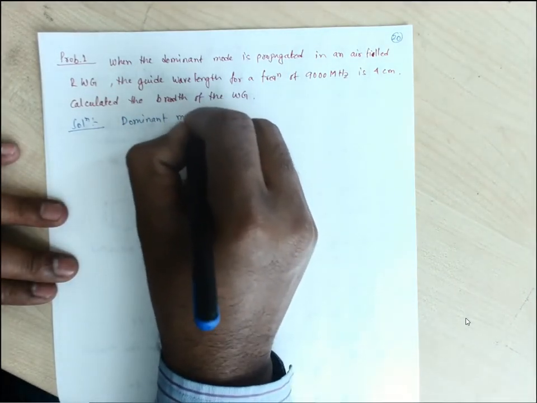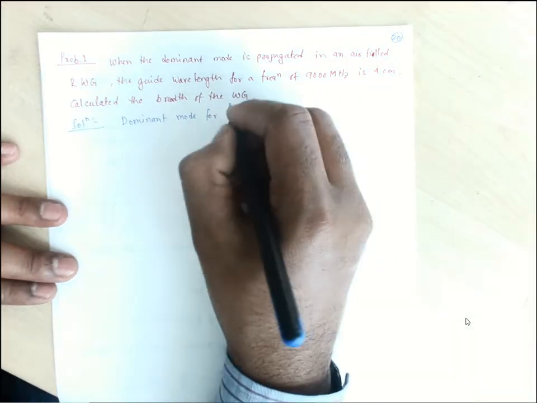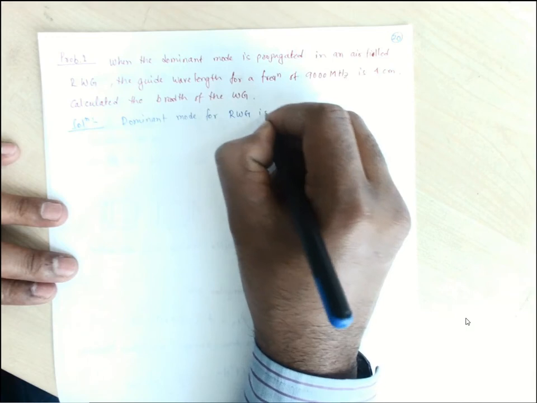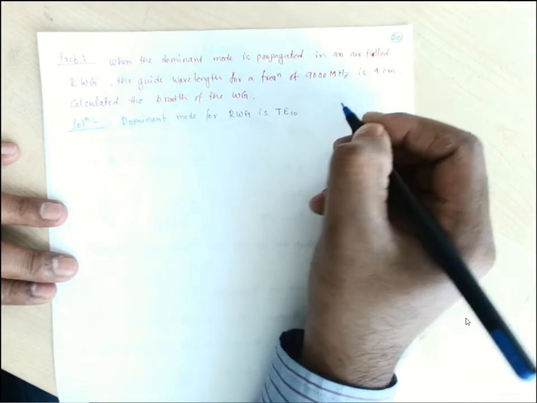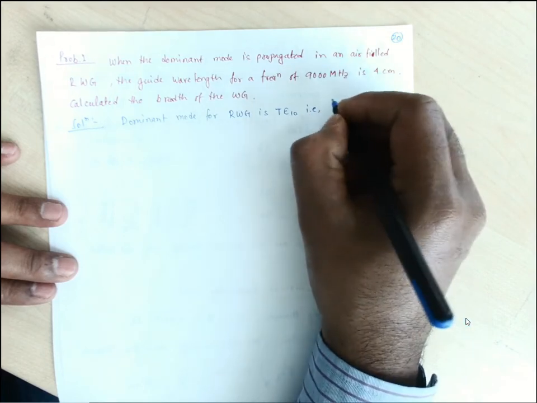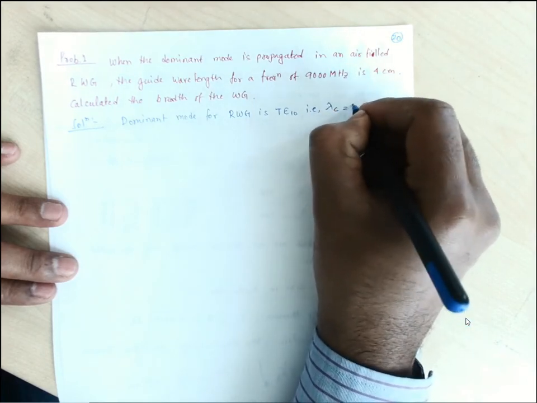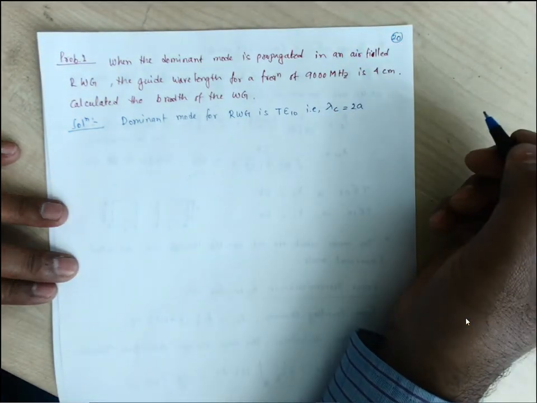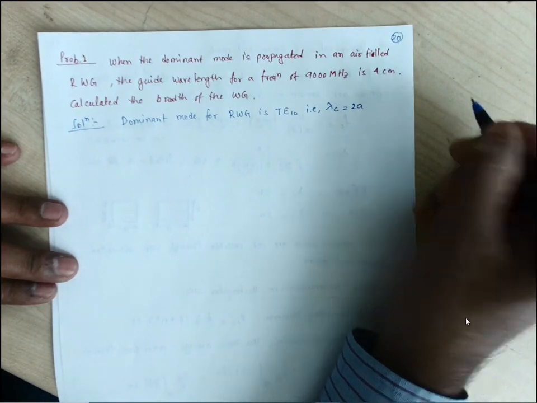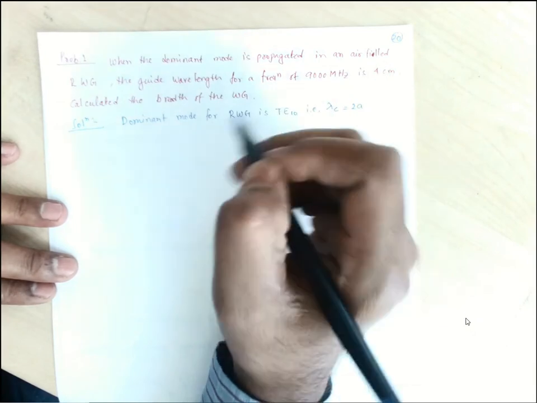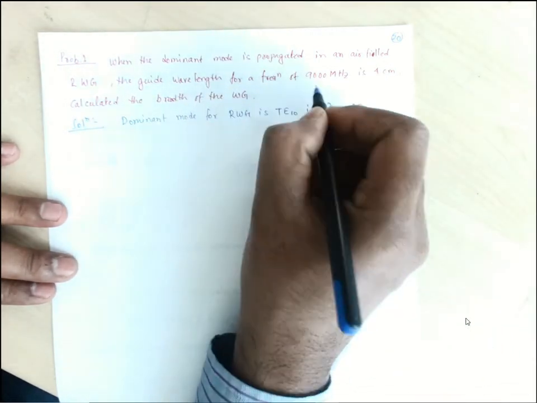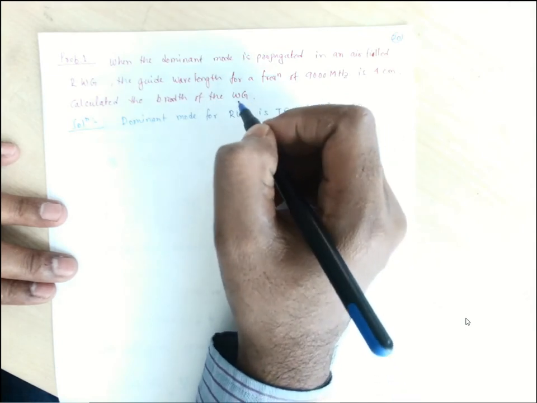Dominant mode for a rectangular waveguide is TE10, that is lambda c is twice a. It says this is the guided wavelength for the operating frequency of 9000 megahertz.